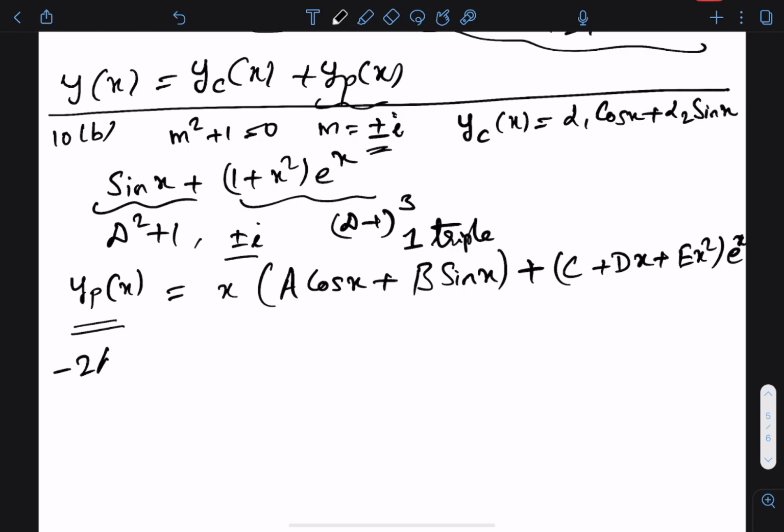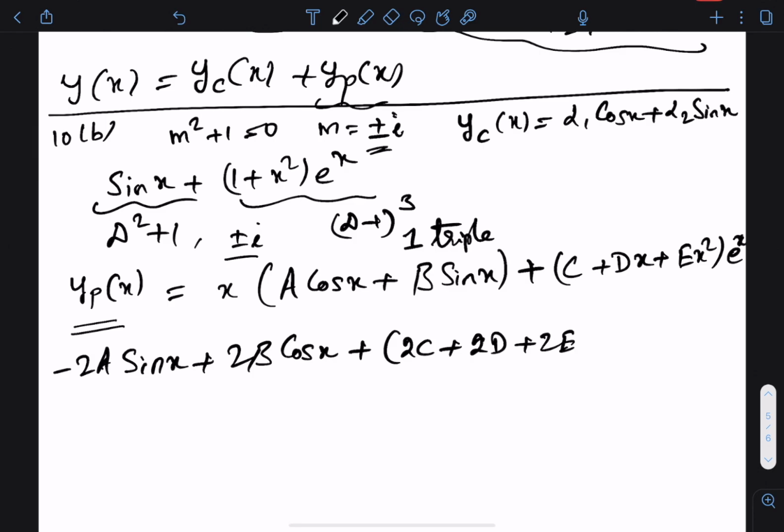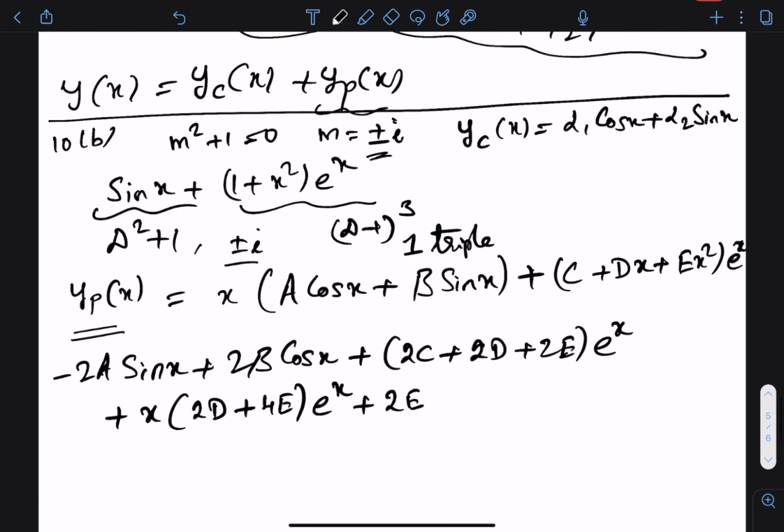So what you will get is some equation like this: 2a sin x plus 2b cos x plus (2c plus 2d plus 2e) e power x plus x (2d plus 4e) e power x plus 2e x squared e power x, which equals sin x plus e power x plus x squared e power x.